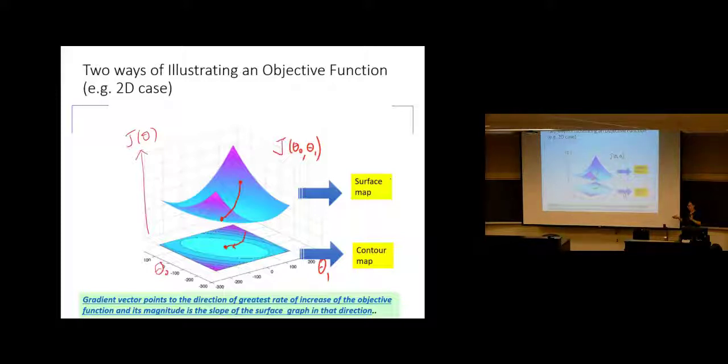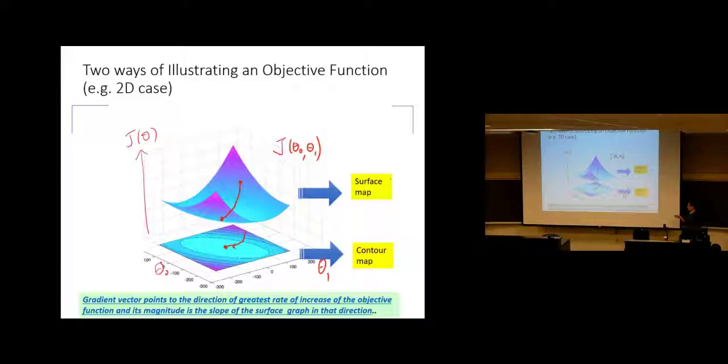Your objective function is illustrated as one coordinate in the surface map. In this case, it's really a bell shape, and x and y are theta 1 and theta 2, and J(theta) is the actual y dimension in this figure. Because our J(theta) function is a quadratic function, that's why it looks like a bell shape.